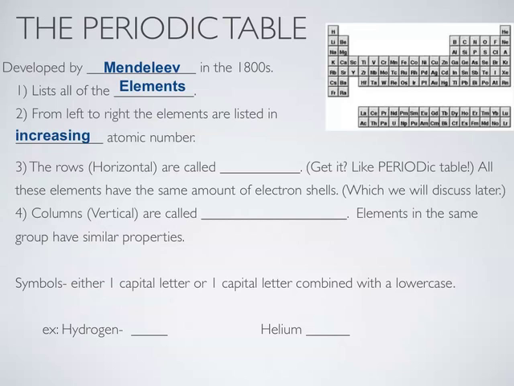Lithium is 3. Beryllium 4. Then boron, carbon, nitrogen, oxygen, fluorine, neon. And so as we go across, the atomic number increases. Okay? And it continues all throughout the periodic table. Now, the rows of the periodic table, we call them periods.